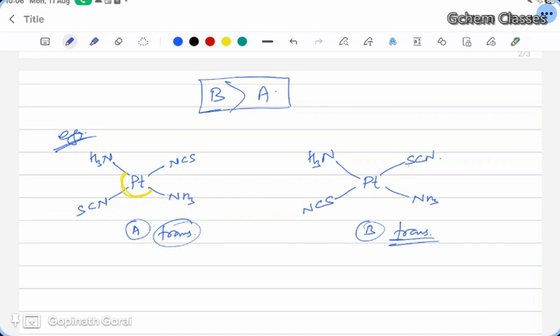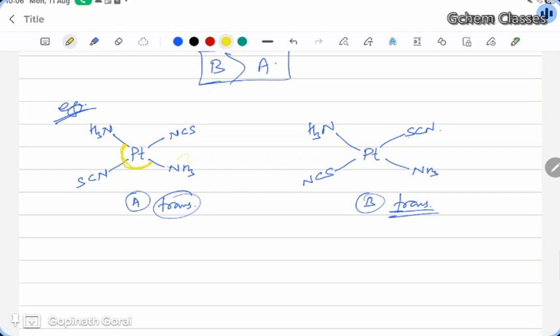In this case, just identify the molecule. A is having hard, hard, hard, hard. So this is hard interaction, right? Understood? So here we can write hard interaction. Likewise, we have B also over here.